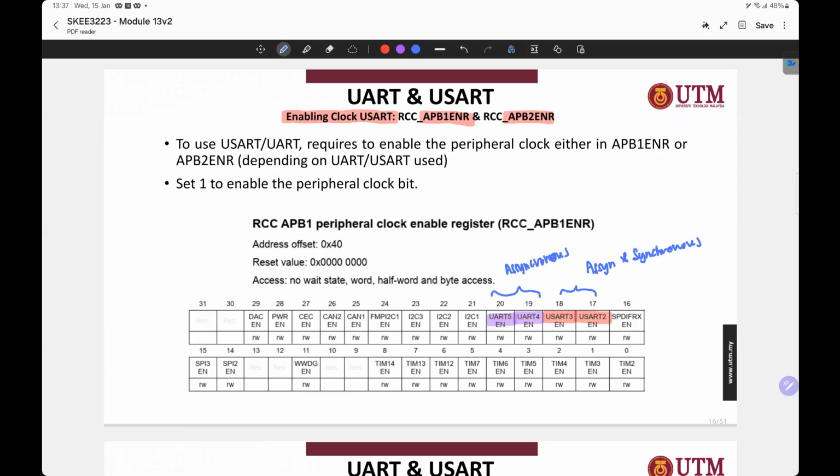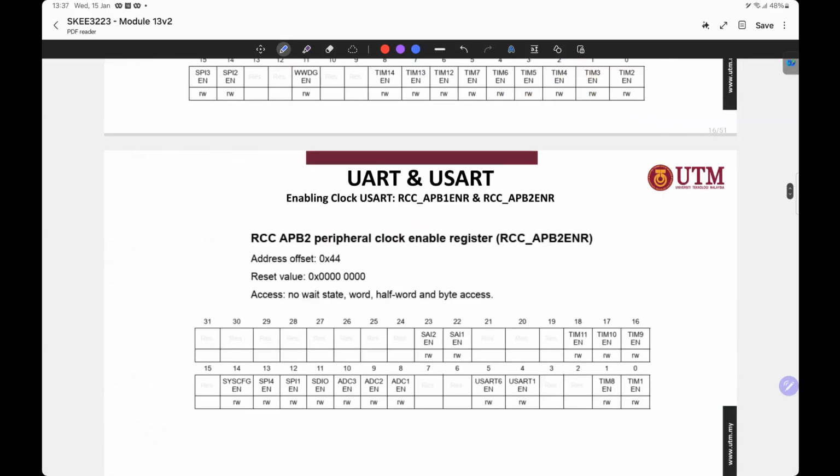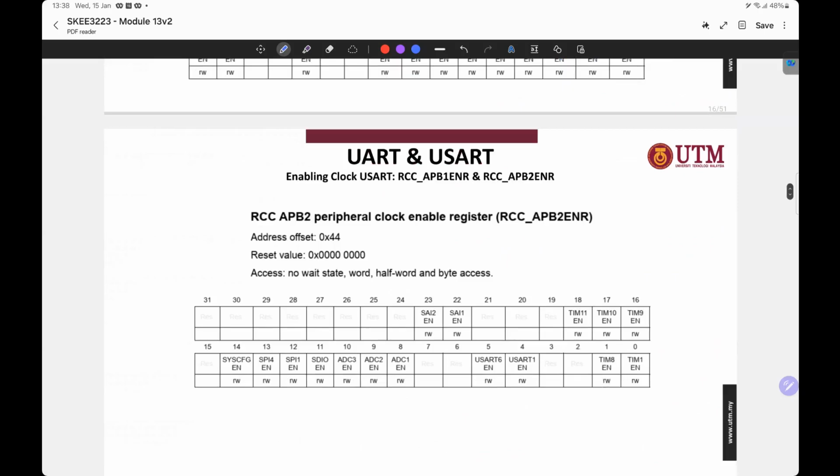Then the second clock register that you need to enable is the APB2 ENR. APB2 ENR also has the USART clock. As we can see here, you need to enable bit 5 if you're going to use USART 6, or bit 4 if you're going to use USART 1.